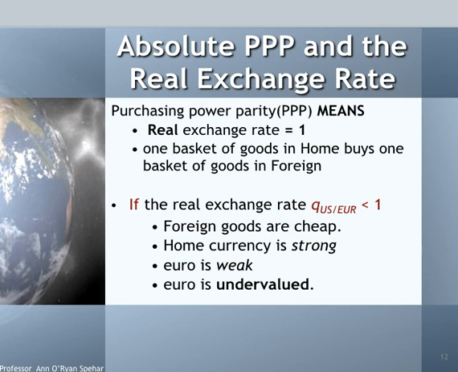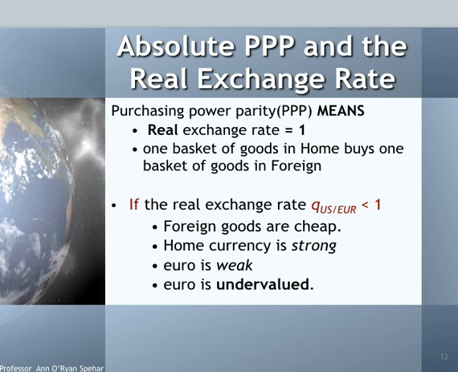And so this means that the euro isn't getting 1 for 1. It's getting less than 1 in terms of the United States currency. So this means that the euro is weak and undervalued, whereas the home currency, the United States currency, is strong, because for its 90 cents it's getting a little bit more: it's getting a whole euro.